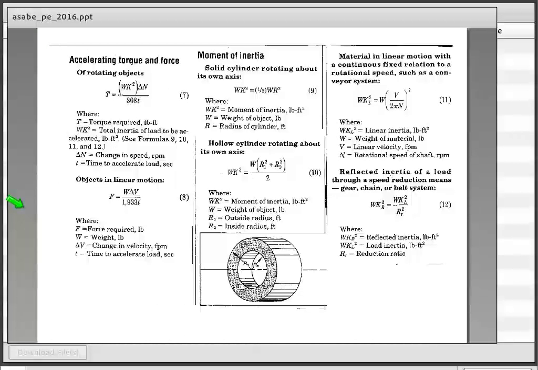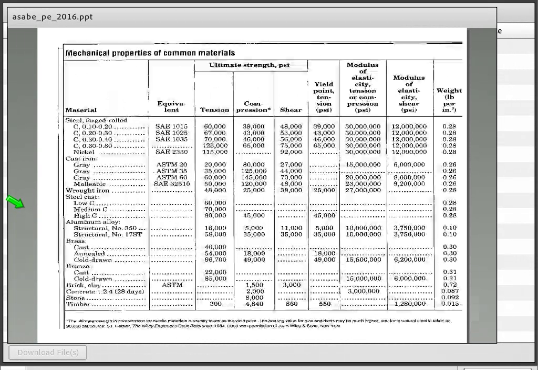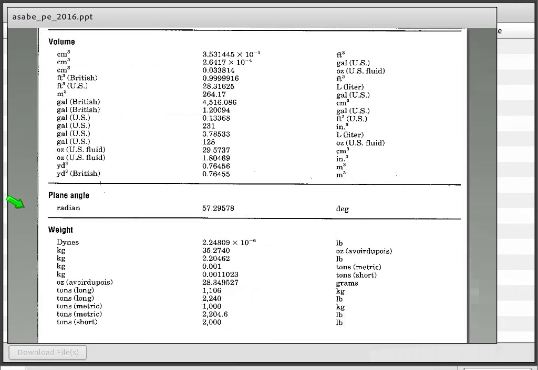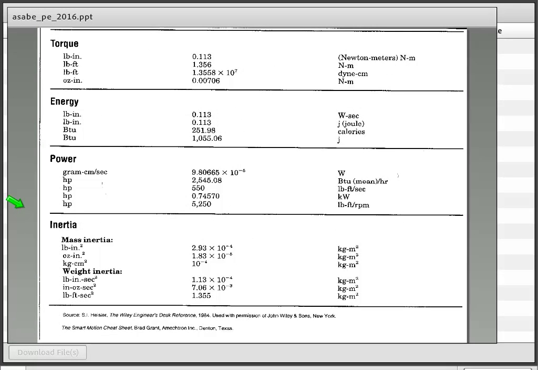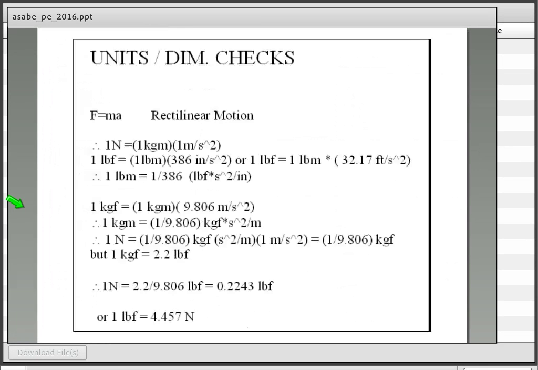Some of the stuff here I've already talked about, and some basic data, conversion factors, and you want to have some of this handy for you on your exam in case you need to know how to convert between units.